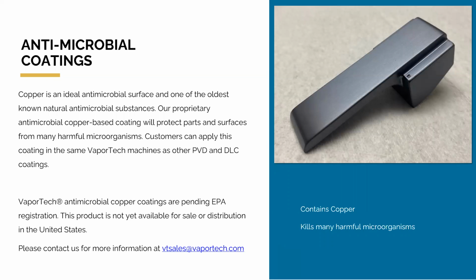We are still in the stage of registration with them. We have a pending EPA registration currently on coatings that we produce in-house, so we're developing in-house, that contain copper. Just as general information, copper and silver are two of the elements that do have this pesticide-type or antimicrobial characteristic.